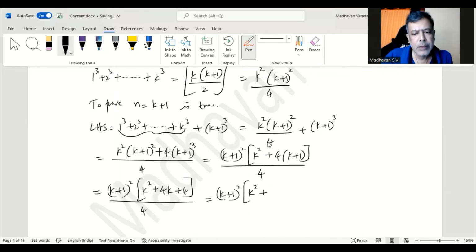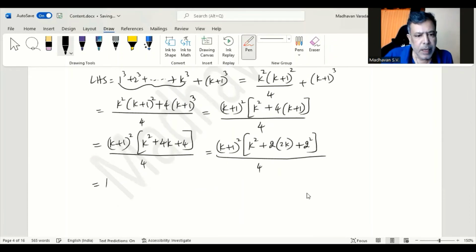And this can be written as K plus 1 the square, and this can be written as K square plus 2 times 2K plus 2 square, divided by 4.